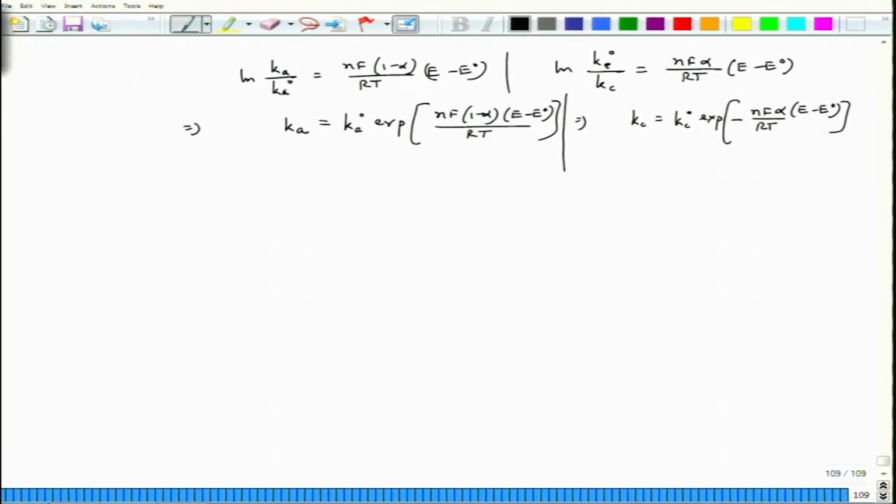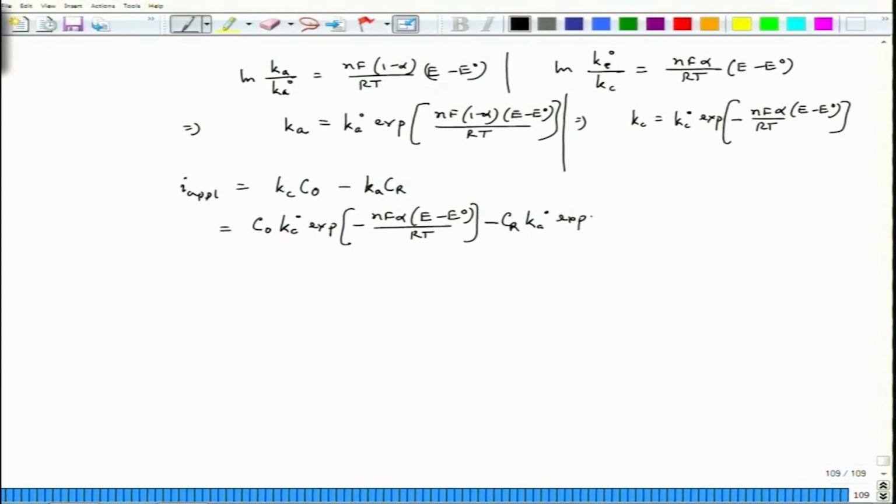Now, interestingly, if we consider that I applied equal to Kc concentration of oxidant minus Ka concentration of reductant, then if we put those equations, I get Kc0 exponential minus Nf alpha (E minus E0) by RT minus Ka0 exponential, of course, there would be concentration part also, this is Cr, minus Nf (1 minus alpha), it should be plus, (E minus E0) by RT.